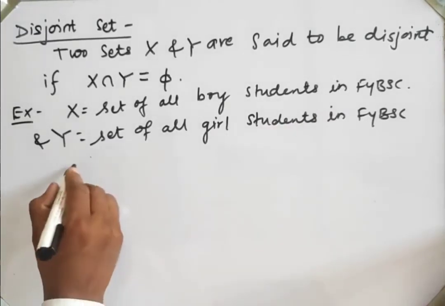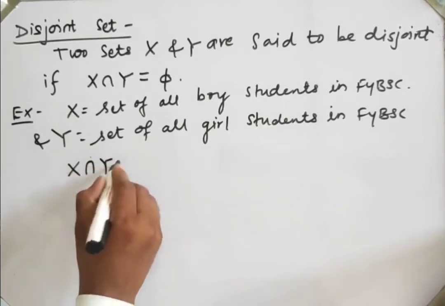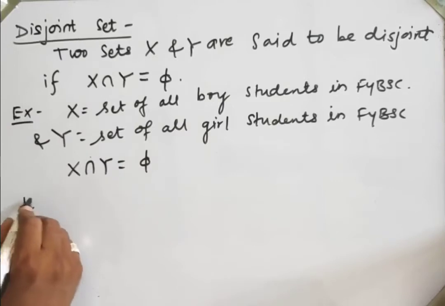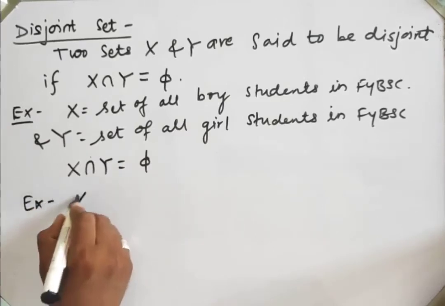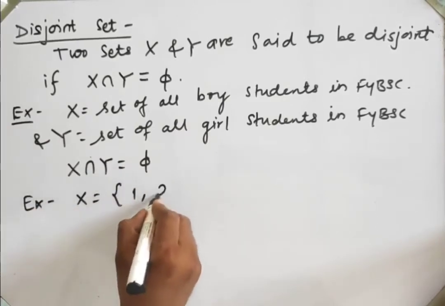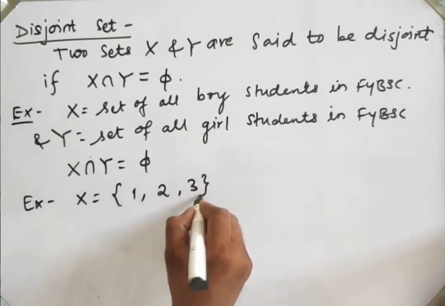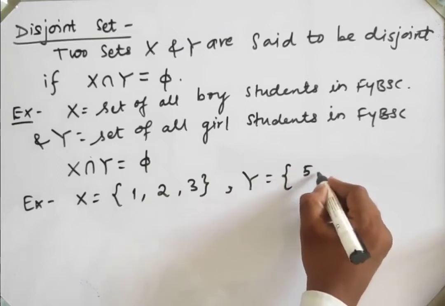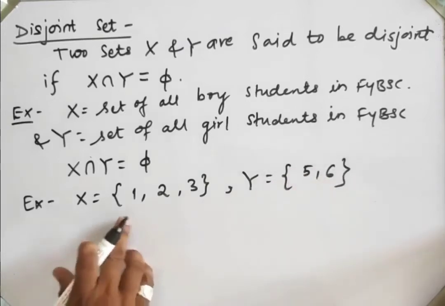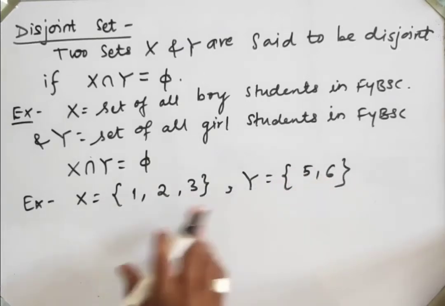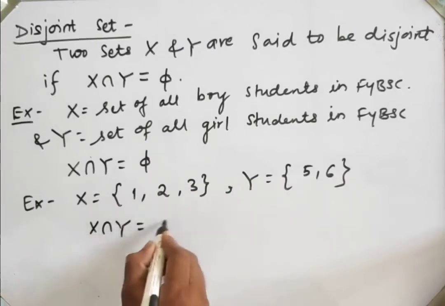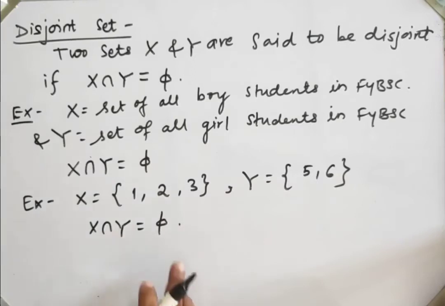Then their intersection is empty, right? Again, suppose I take an example where X is 1, 2, 3 and Y is 5, 6. There are no common elements in these two sets, so their intersection is the empty set.